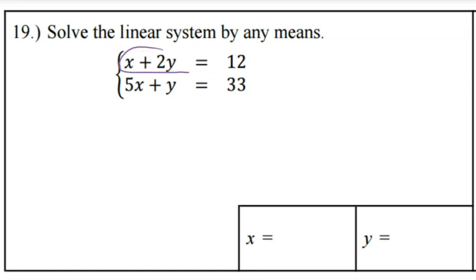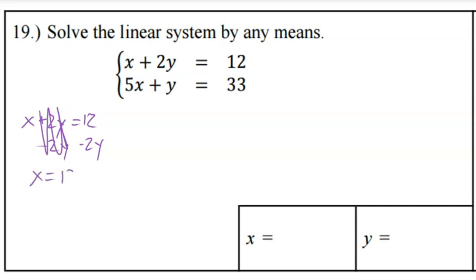In the top equation, let me write this, x plus 2y equals 12. If I subtract 2y from both sides, it cancels on the left, and I get x is equal to 12 minus 2y.